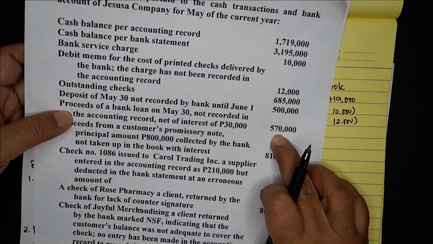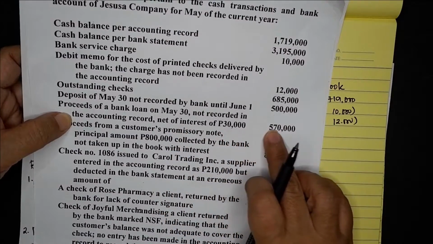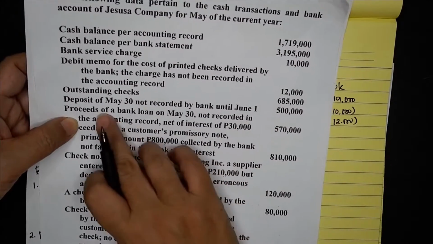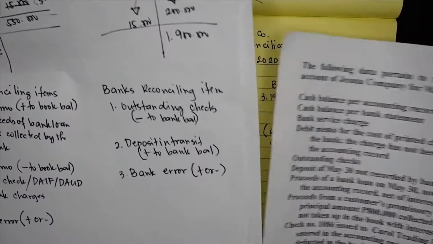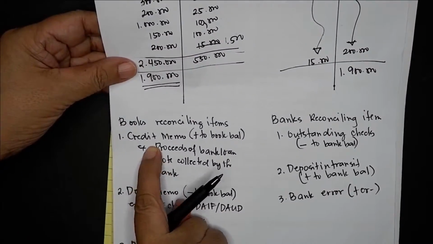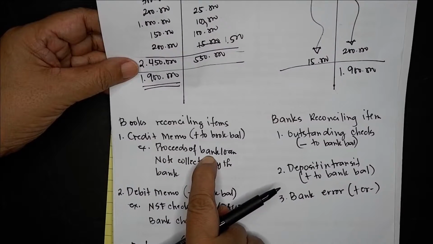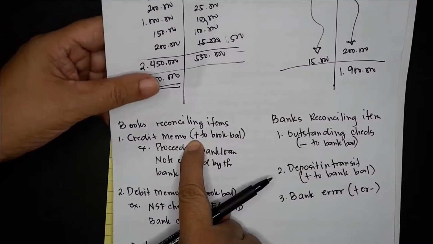Proceeds of bank loan on May 30, not recorded in the accounting record, net of interest of 30,000. Whose reconciling item is that? That is a credit memo, proceeds of bank loan. How are we going to reconcile that? That is plus to book balance.